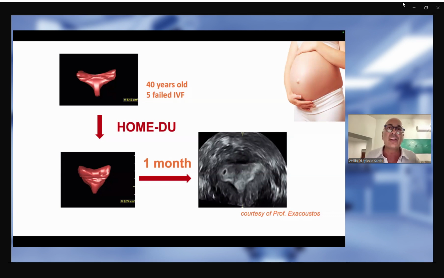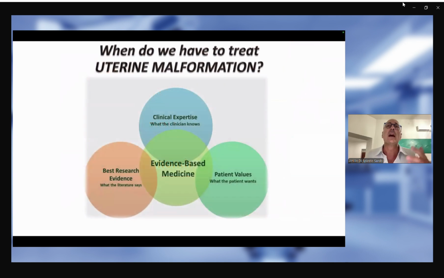So probably I would leave you with this concept: every time we are going to treat uterine anomalies, you also have to evaluate some important cofactors. Please don't base your activity only on scientific literature, because scientific literature of good value sometimes cannot be present, mostly when you are working in reproductive surgery. Evidence-based medicine is very important, and you also have to consider the patient's wish.